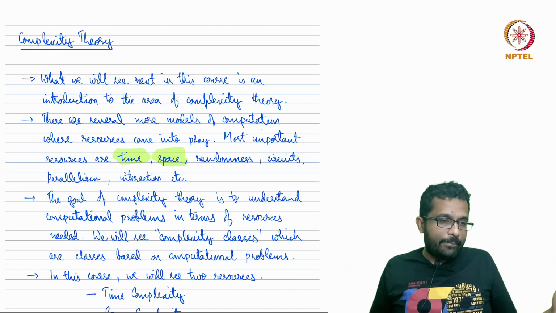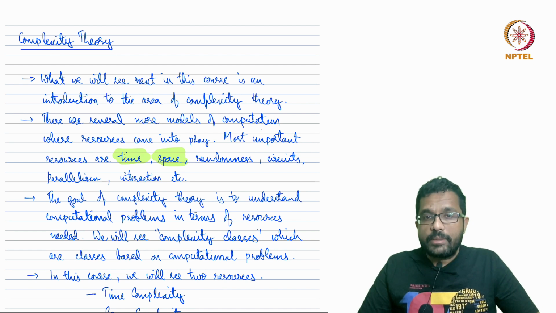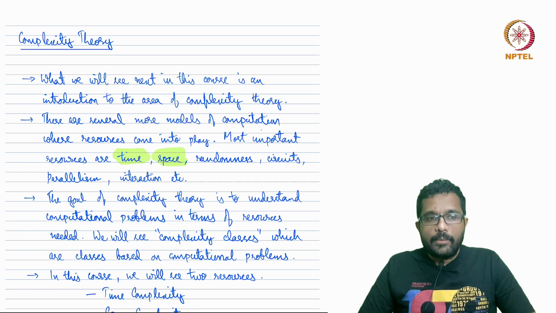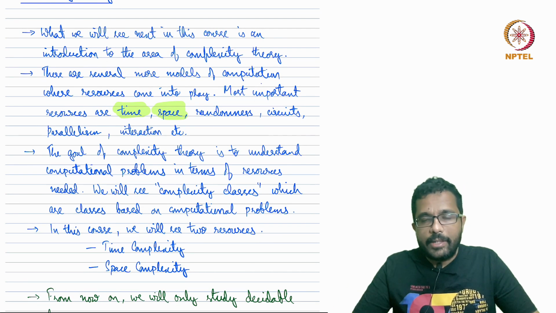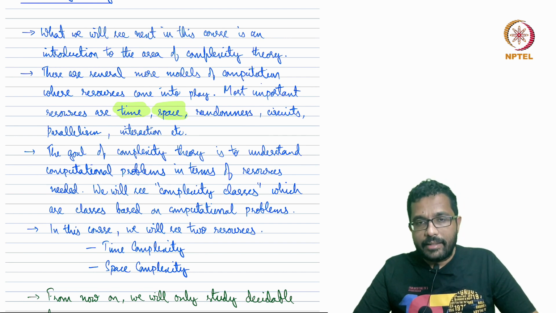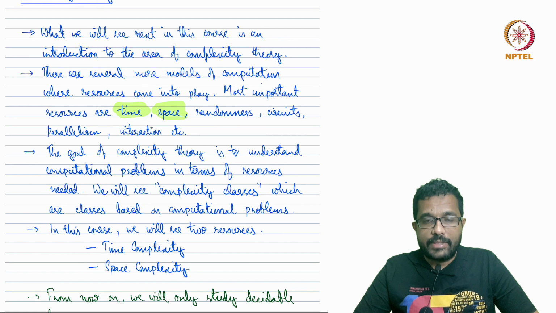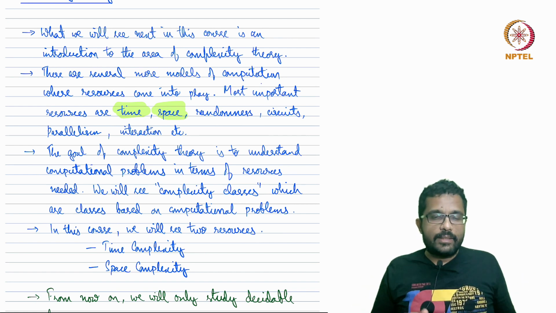Sometimes it takes more time, and sometimes it doesn't take that much, and we also see how much space it takes. Time and space are something that everybody knows about, and these are the two resources that we will consider in this course: time complexity and space complexity, that is, how much time is needed and how much space is needed.